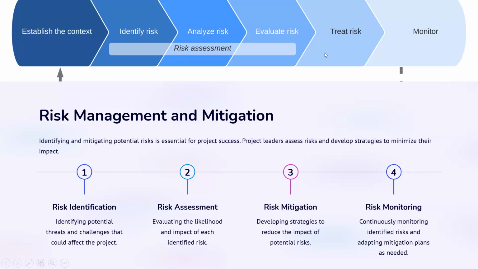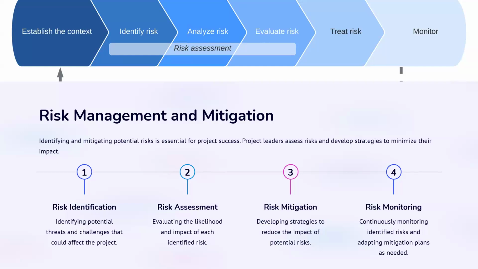First one is to establish the context, then identify the risk, analyze the risk, evaluate the risk, treat the risk, and monitor. So establish the context and identify the risk. Know what risk is going to come, or if it has already come, and identify what type of risk it is, and whether it is from external factors or internal factors within the company, or what the reason is from where this risk has arisen.